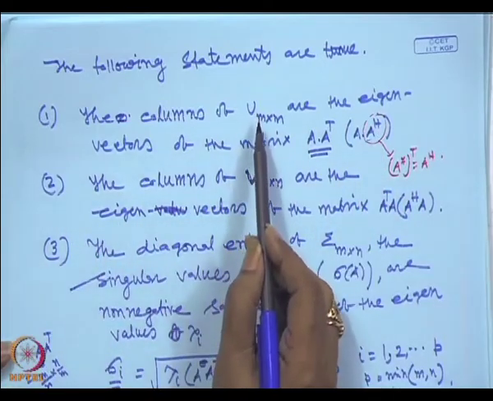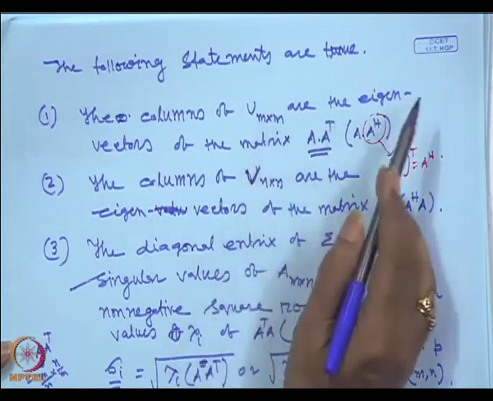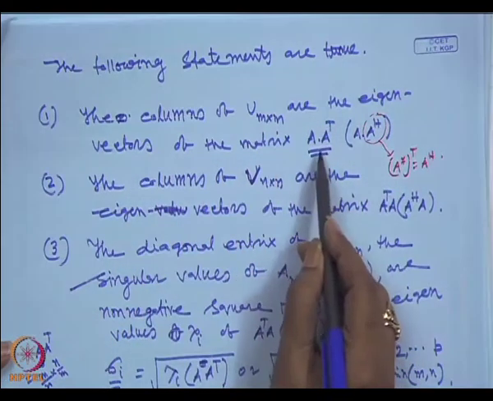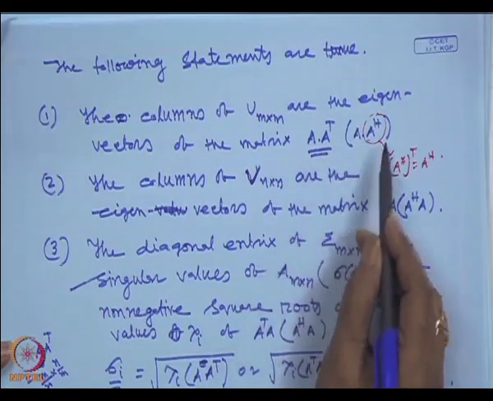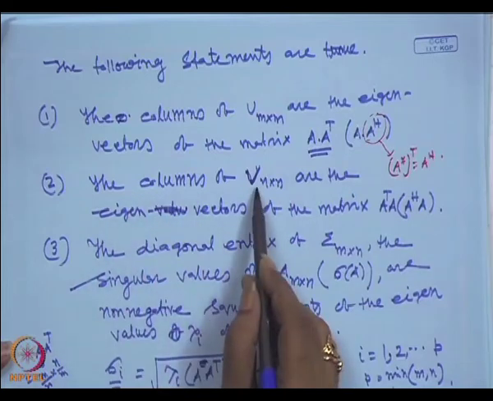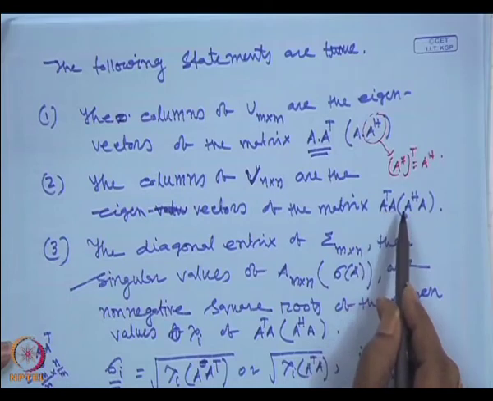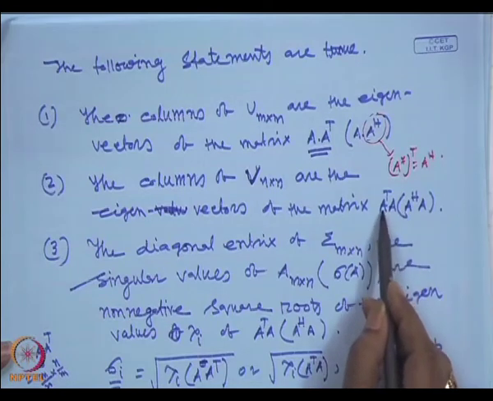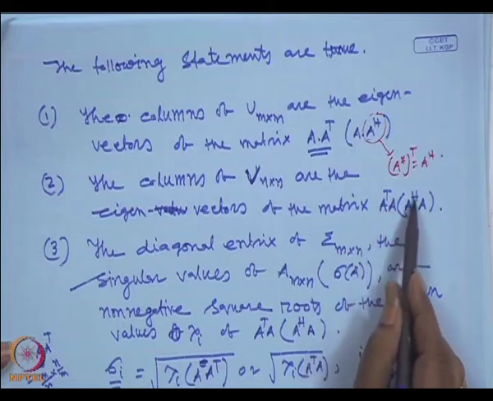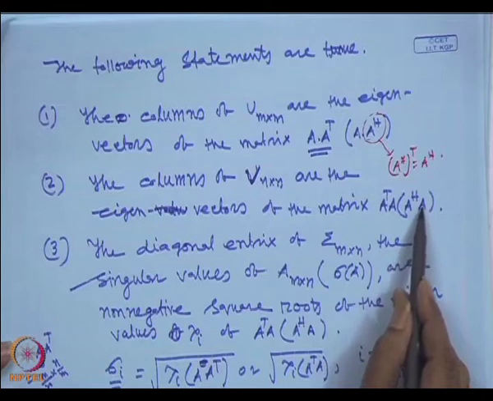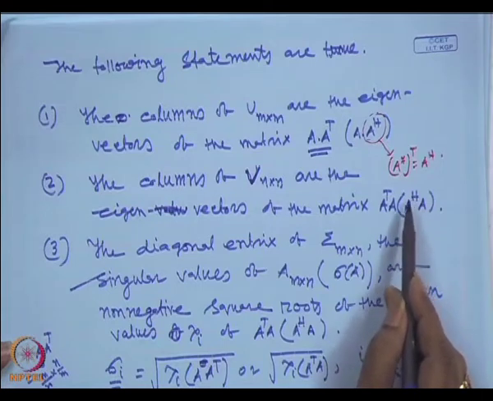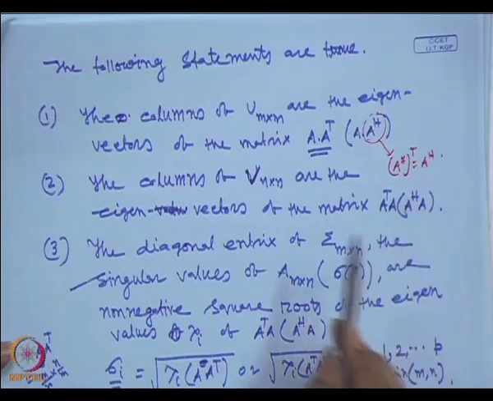That means the columns of U are the eigenvectors of the matrix A A transpose or A A H. Similarly, the columns of V are the eigenvectors of A transpose A for a real matrix, or, if it is a complex matrix, A H A, and A H is the conjugate transpose.